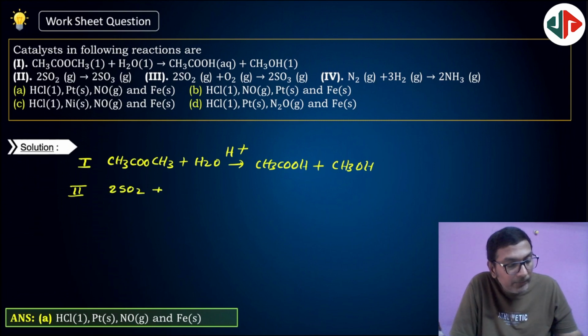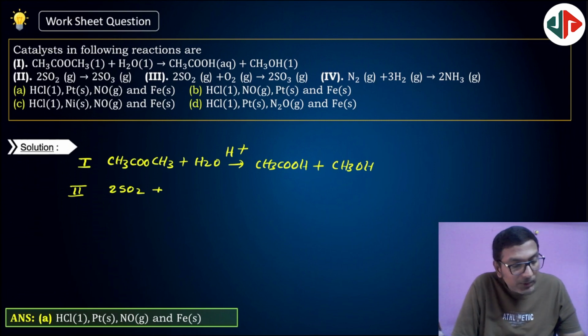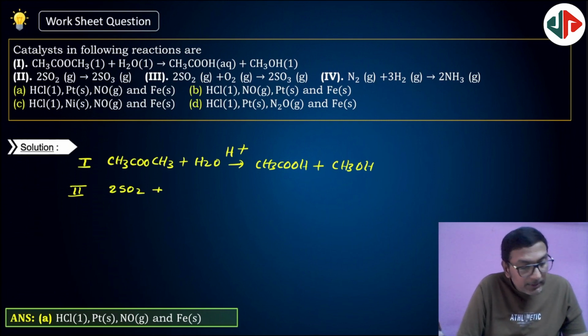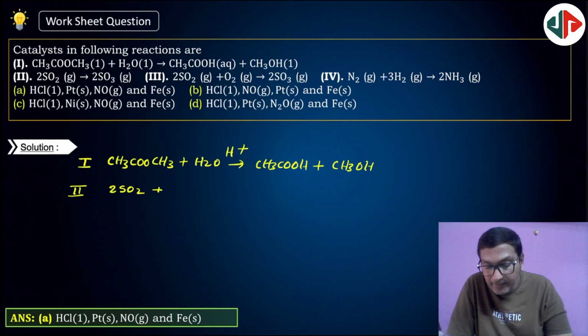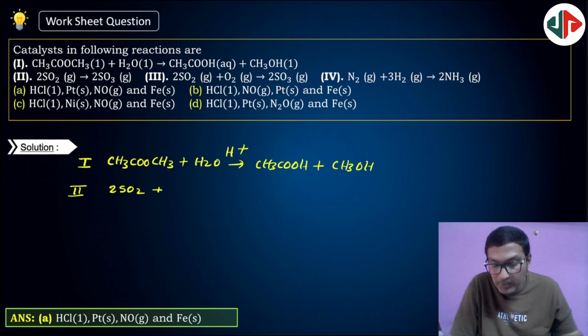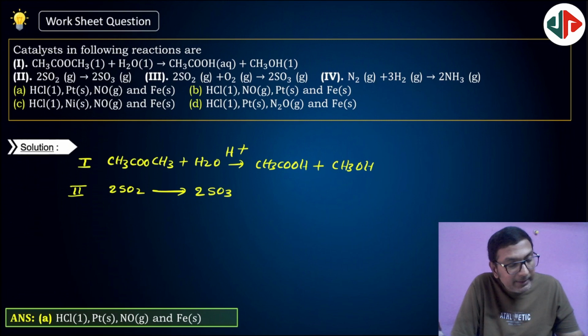Second equation, 2SO2 gas plus O2 gives 2SO3 gas in the presence of Pt.